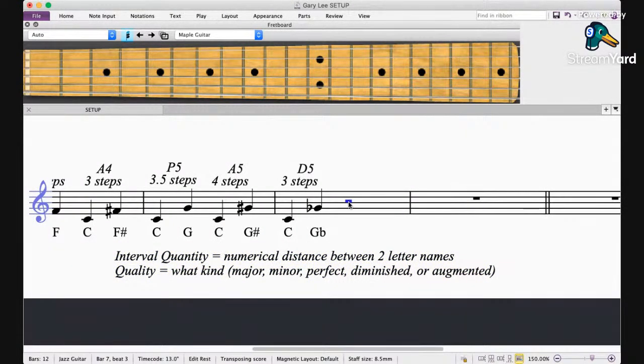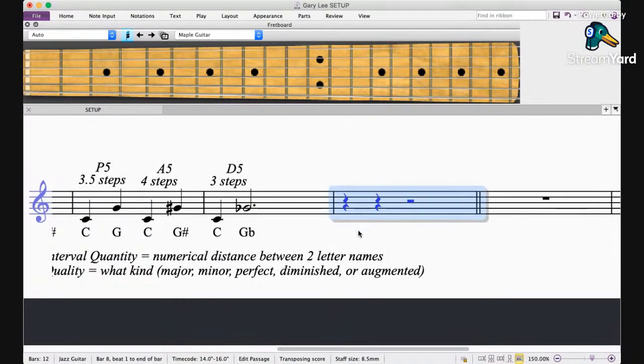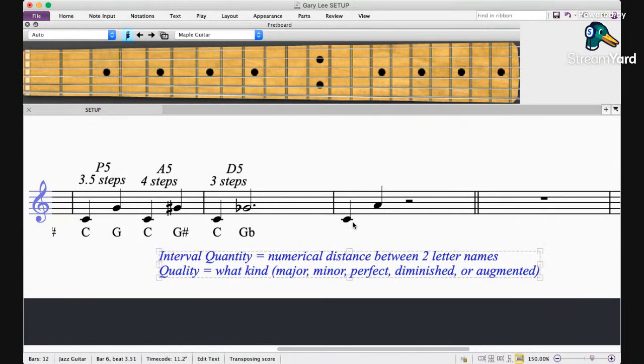All right, from C, now we're going to go all the way to A. To find out the interval quantity, we just need to count. C is 1, D 2, E 3, F 4, G 5, and then A. So that's a sixth.